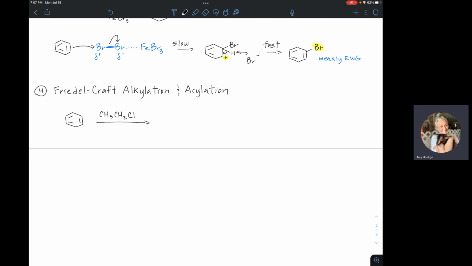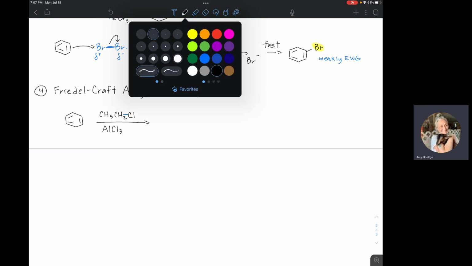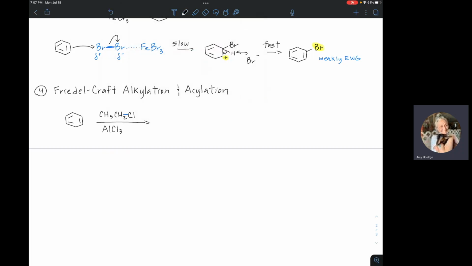Well, because the aromatic group is not supernucleophilic, we have to add a Lewis acid to pull electron density away from the carbon that we want to attack. So in other words, the aluminum is going to be attracted to the electrons in the chlorine, and when that pulls on the chlorine, it's going to pull on the electron density in this bond, just like we just saw with the bromine. And so then the ring will attack that primary carbon.